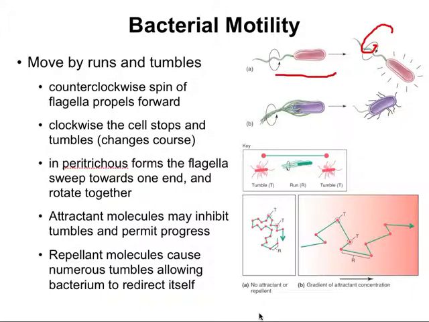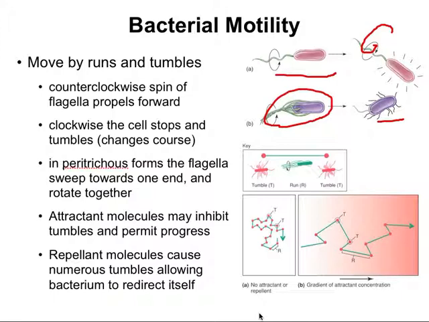In peritrichous forms of bacteria, the flagella sweep towards one end and then they rotate together. If they're moving in the counterclockwise direction, they move forward, and if they move in the clockwise direction, here they tumble again.